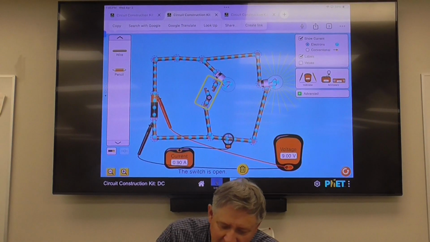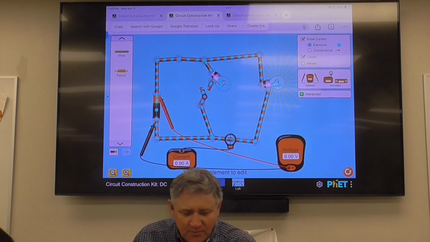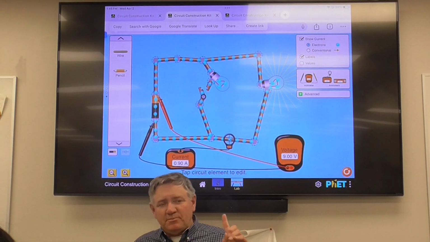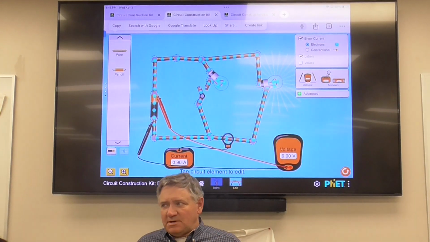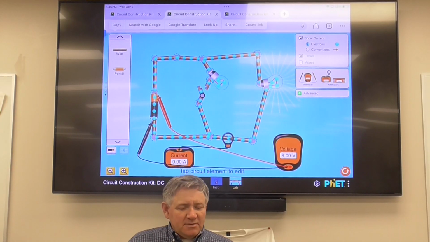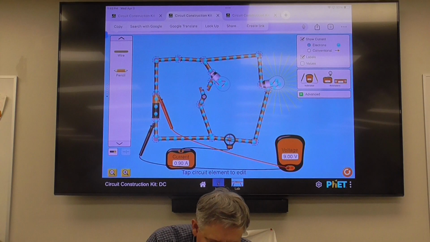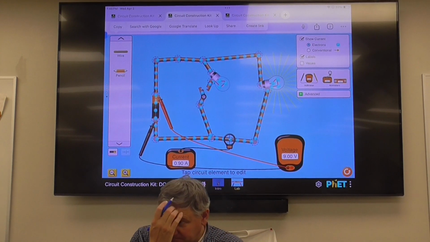Okay? Now, here's what I'm going to do. First off, when I close that switch, are the bulbs going to be in series or in parallel? Parallel. So when I close that switch, what's going to happen to the current in the system?